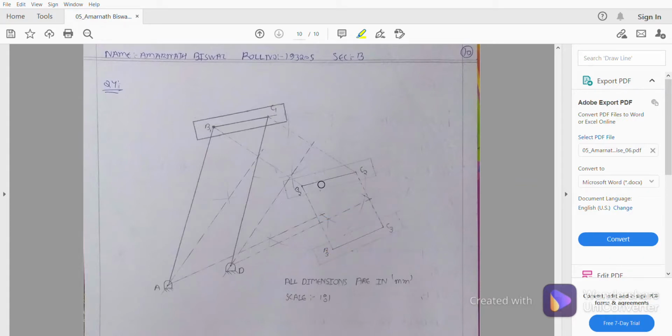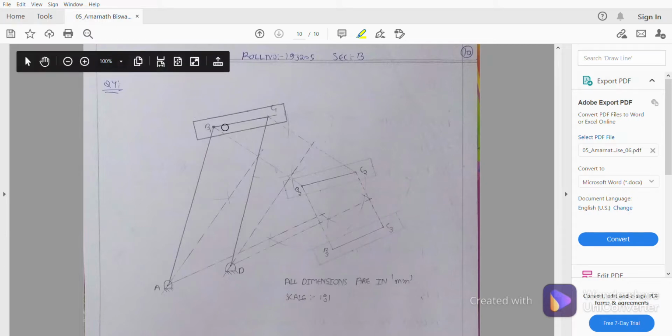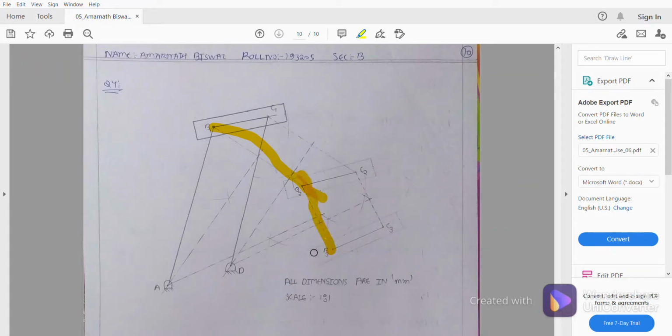So we got this, and I was telling you in the previous video that in certain situations we will get 3 positions. We need the particular position where to fix that, as we can't draw infinitely. So we join B1, B2 and B3 with dotted lines.